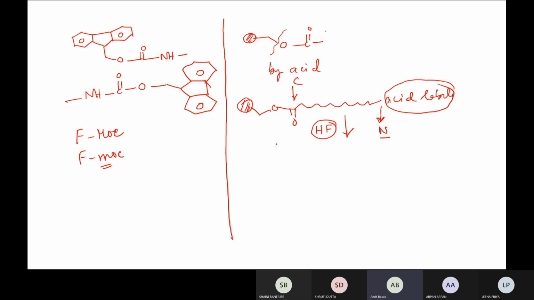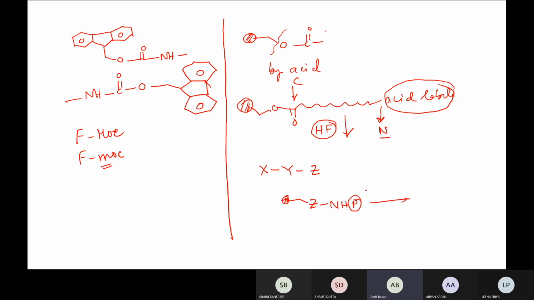So that both the groups come off at the last stage. In between, I write this peptide X, Y, Z. You started with Z, that was linked to your bead, and Z amine is protected.